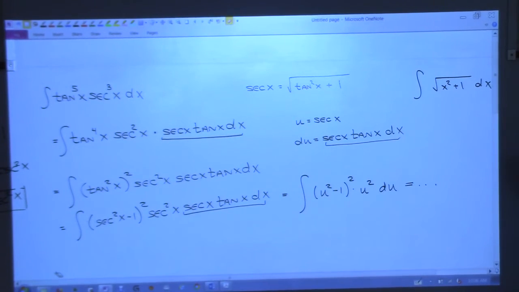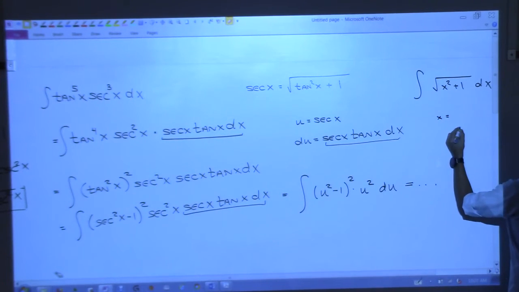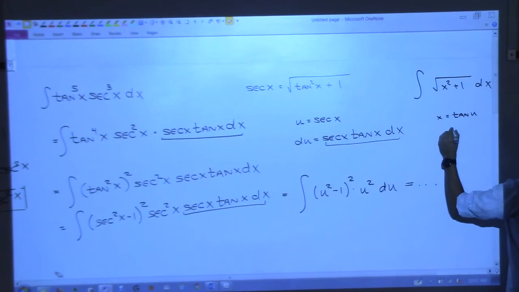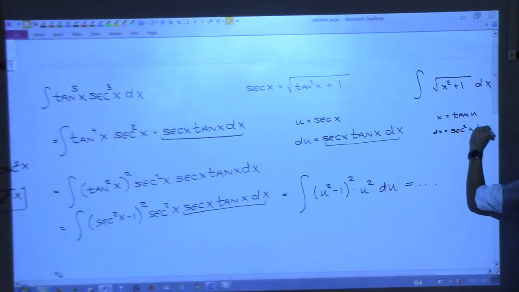But if I make a substitution, everywhere I see x, I'm going to replace it with tangent u, okay? Then the derivative of that would be secant squared u du, yes?